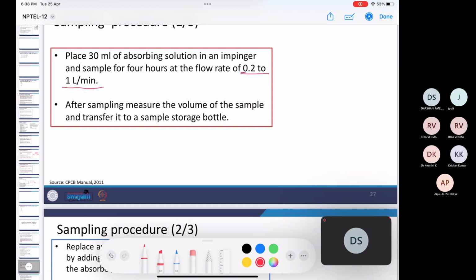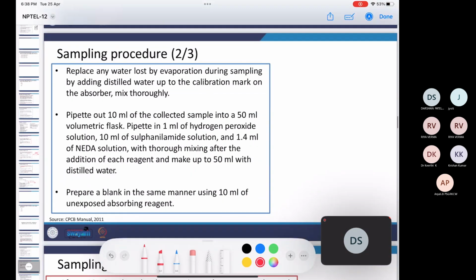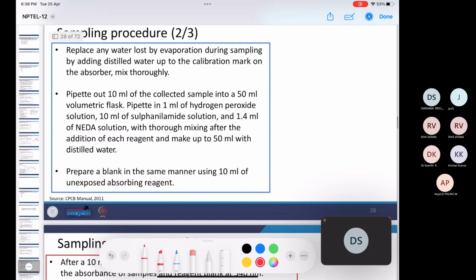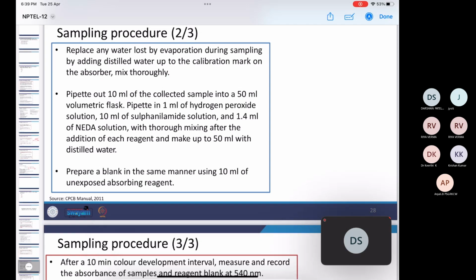After sampling, measure the volume of the sample and transfer it to a sample storage bottle. Then replace any water lost by evaporation during sampling by adding distilled water up to the calibration mark on the absorber and mix thoroughly.